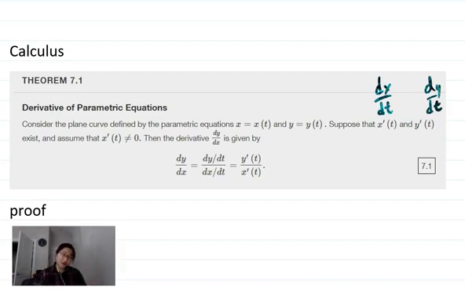And we also assume that our derivative of x with respect to t is non-zero. That's important, which we'll see right here. Then our derivative dy/dx, the derivative of y with respect to x, is given by our derivative of y with respect to t over our derivative of x with respect to t.